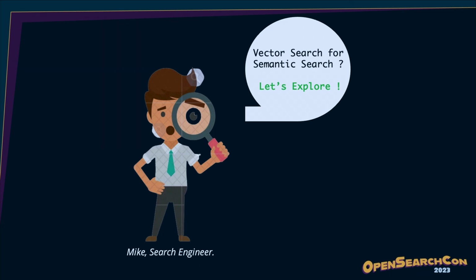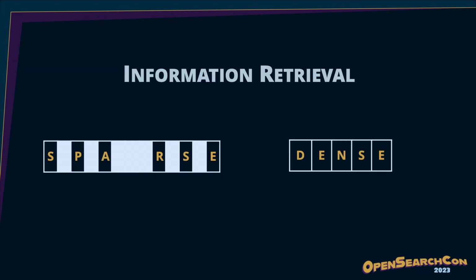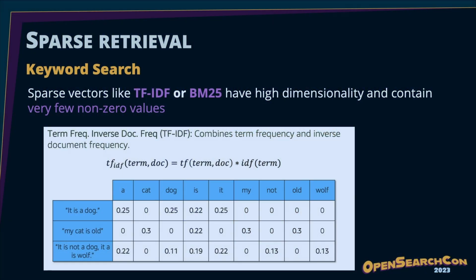Along with Mike, first of all, any information retrieval engine that retrieves a document or any object based upon the query will be categorized as either a sparse or dense retriever. This is categorized based upon how the documents or your objects are stored in the document store. The first one, sparse retrieval, is all about the keyword search mechanism.